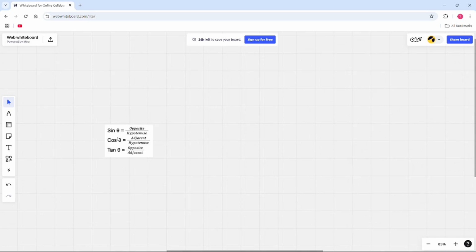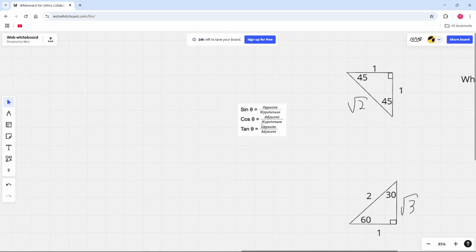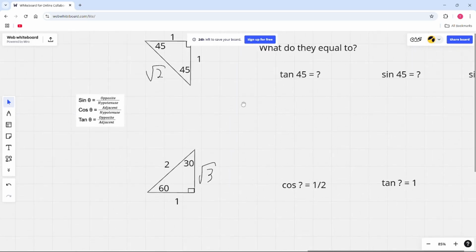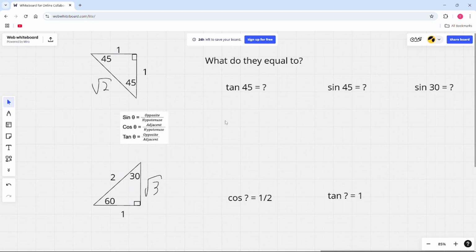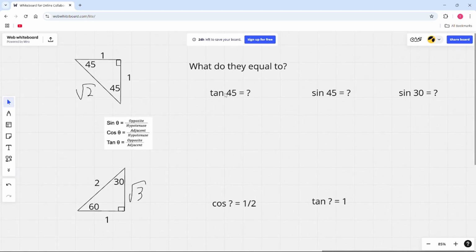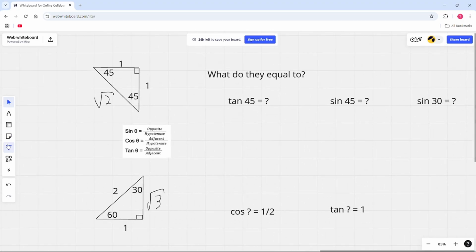Or if anyone remembers, in this case, are these trig ratios. Now let's take a look at tan 45 is equal to what? We know that tan theta is equal to the opposite over the adjacent.